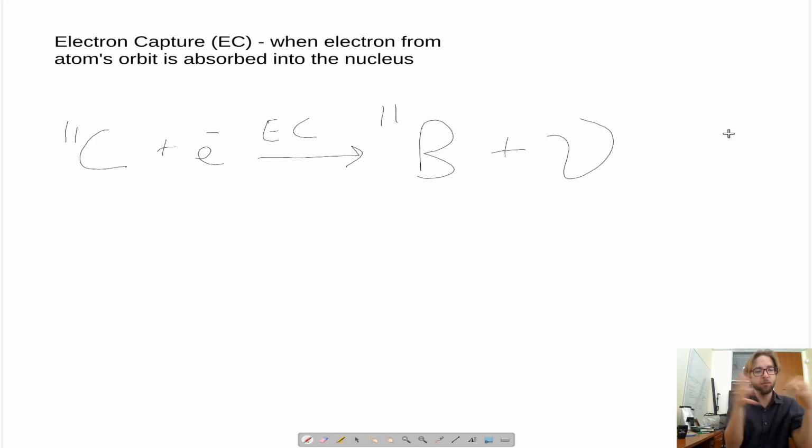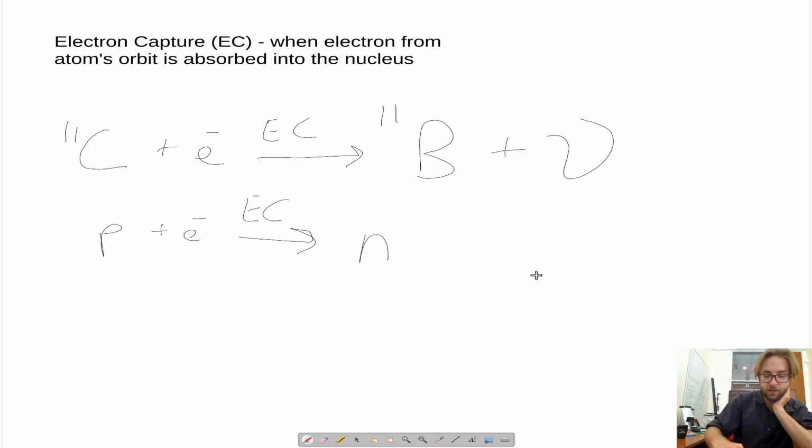So a more famous example of this is our proton and electron and neutron system. For example, if we have a proton plus an electron together, the proton can electron capture due to electromagnetic forces, and this would create a neutron plus a neutrino.